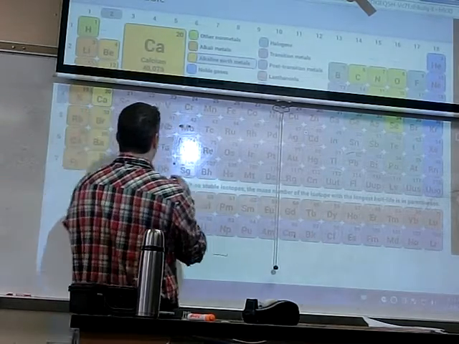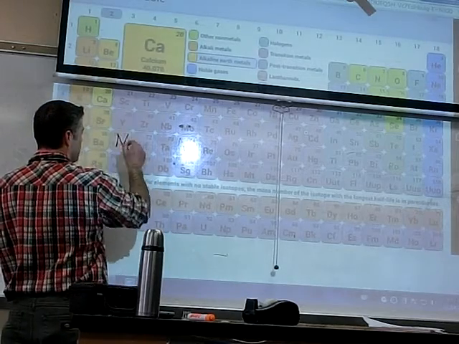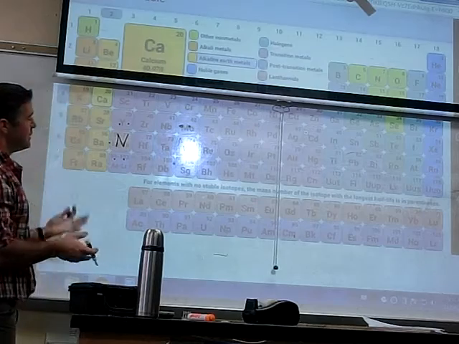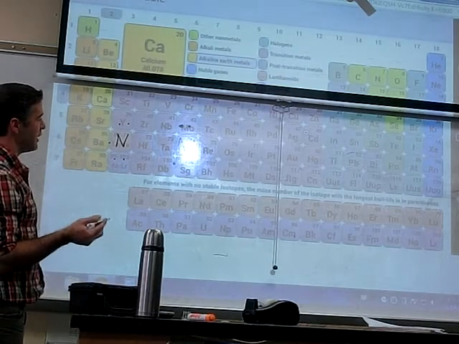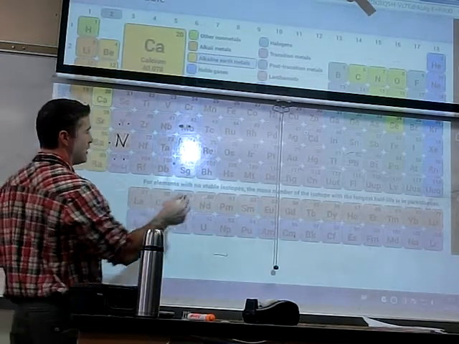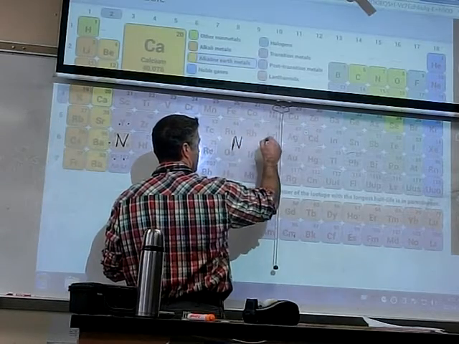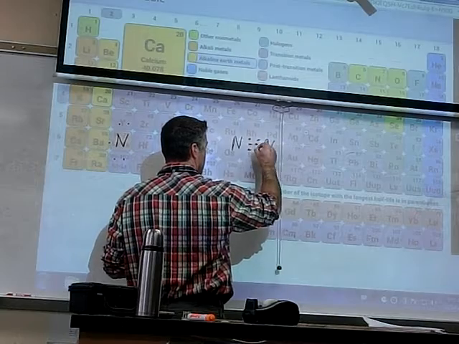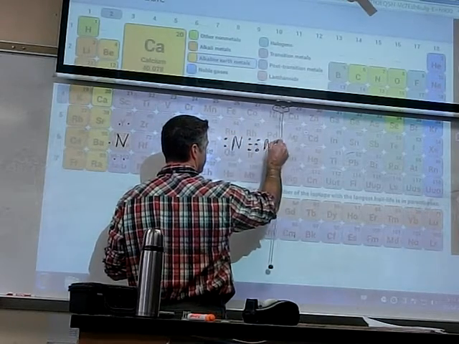If it gets together with another nitrogen that has 5 electrons, they can do this sharing thing so that they then both have 8. So what they do is they come together and they share like this.